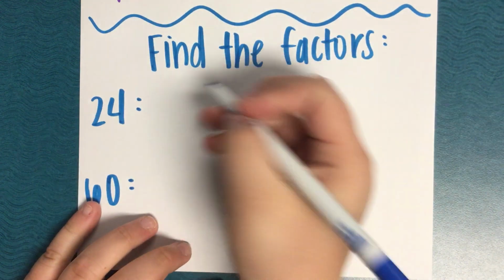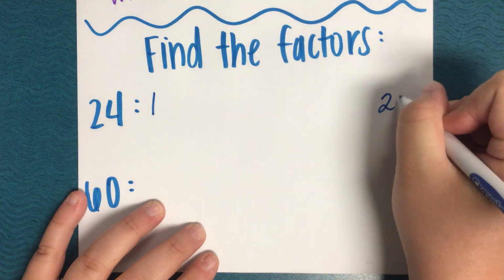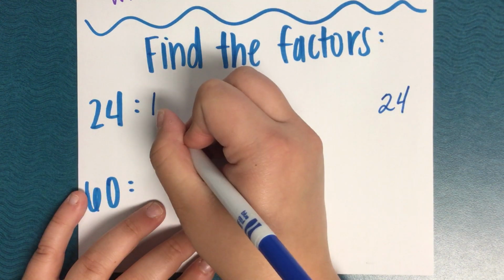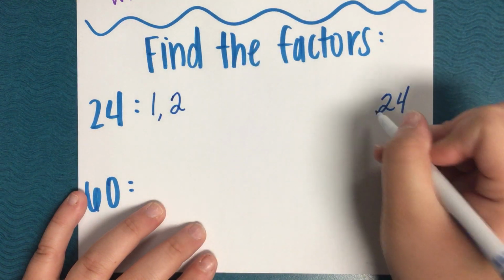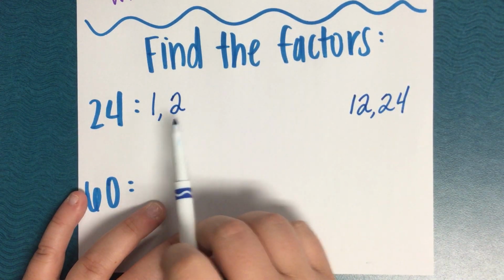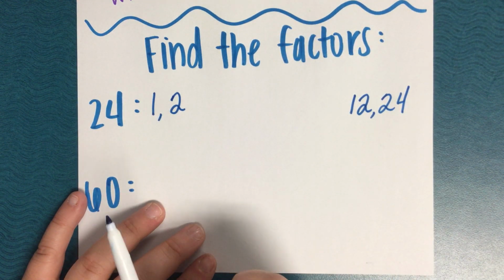So I know that I can divide 24 by 1 because it would be 1 and 24. I know that I can divide 24 by 2, and it would be divided by 12. So it would be 12 times 2 equals 24, or 24 divided by 12 equals 2.